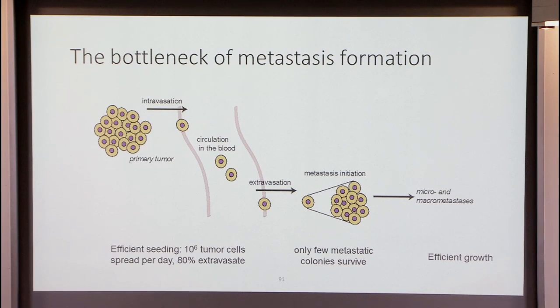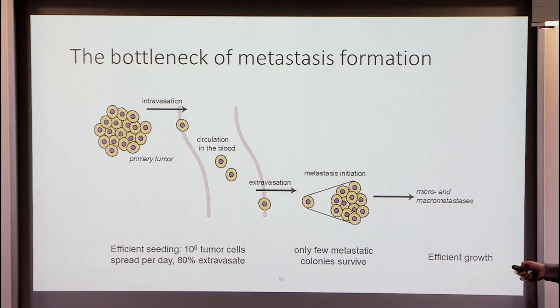The normal tissue cells, of course, do not do that. But tumor cells, or some tumor cells, at some point in time have this ability. Then they're circulating in the blood, and they can leave the bloodstream again, a process called extravasation. And up to here, from the data that we have, this process is fairly efficient. A lot of cells seem to be able to do all of this.